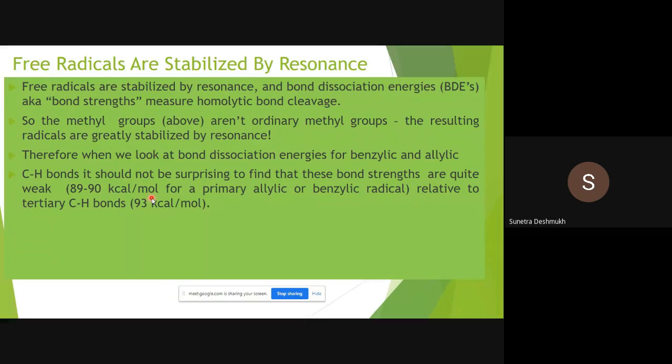That's why we can generate that free radical more easily, and that free radical also gets stabilized by the resonance effect. So these two very strong points help to generate these allylic or benzylic radicals, like tertiary free radicals. So why are those stable?